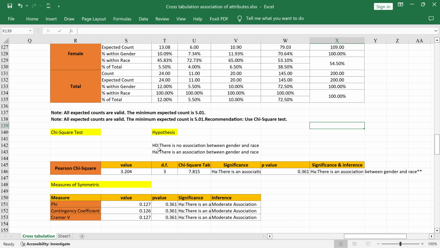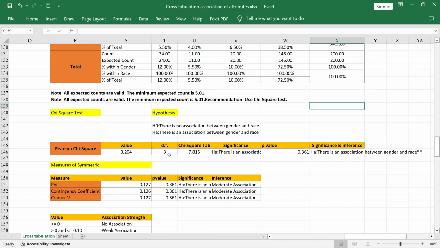H naught is that there is no association between gender and race. This is our first hypothesis. The second hypothesis, HA, is that there is an association between gender and race. So we need to check whether to accept H naught or HA. Okay, let's do the Pearson chi-square test.